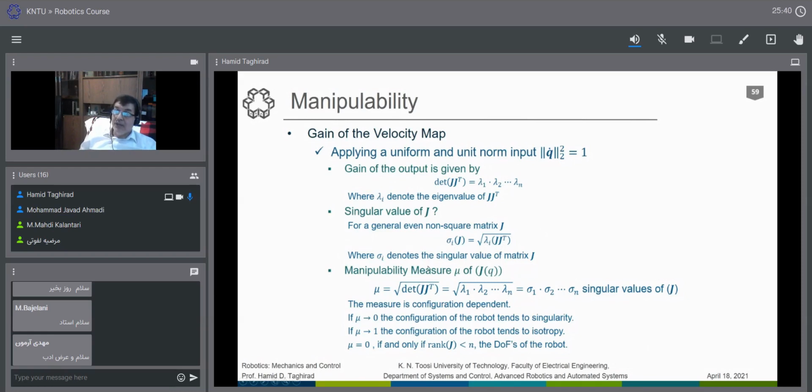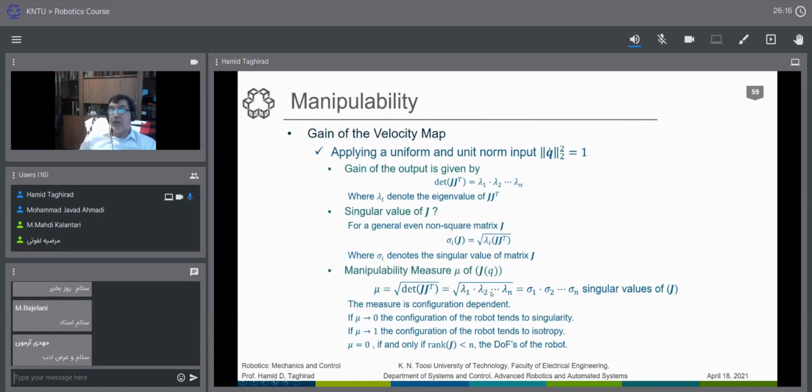So if we have this in mind, we can define the first manipulability measure, a measure of how well the robot is designed in terms of the Jacobian. The manipulability measure mu is defined by the multiplication of the singular values of J. This is in short the square root of the multiplication of the eigenvalues of JJ transpose.